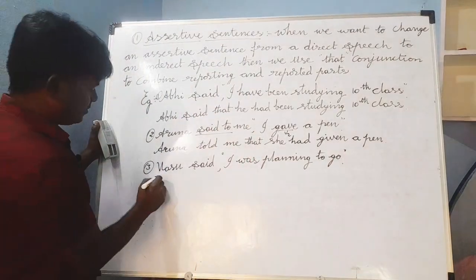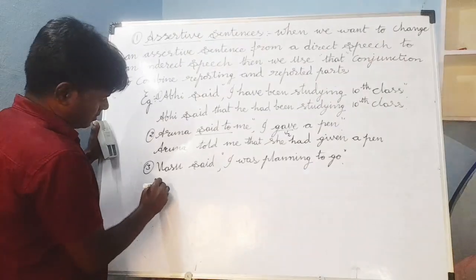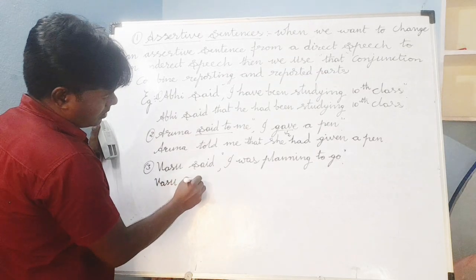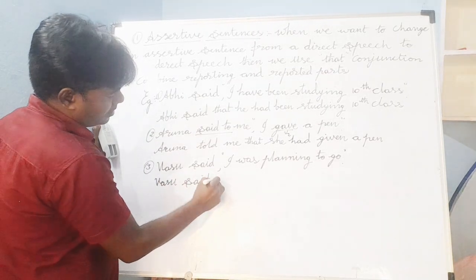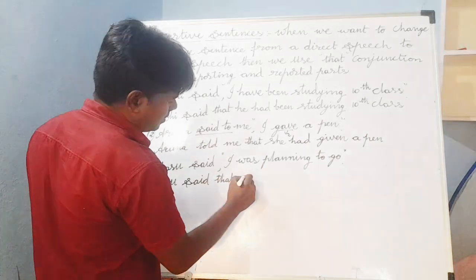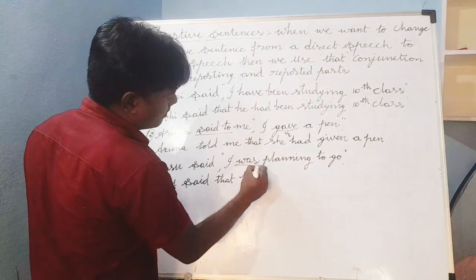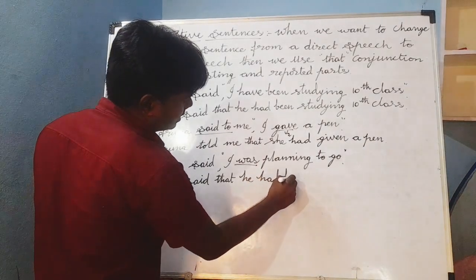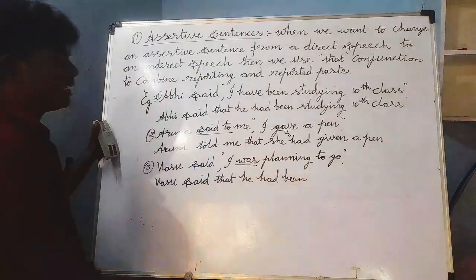So then Vasu said that I become he. Was become had been. Remember that. So this is in past continuous tense.